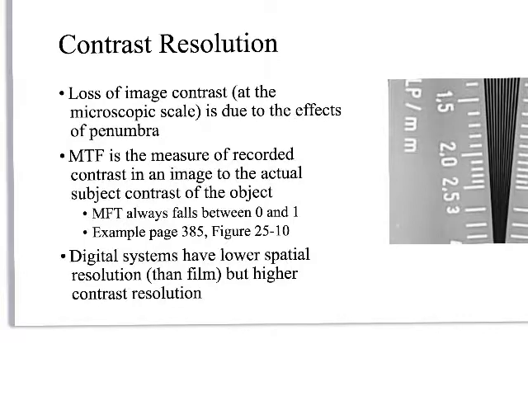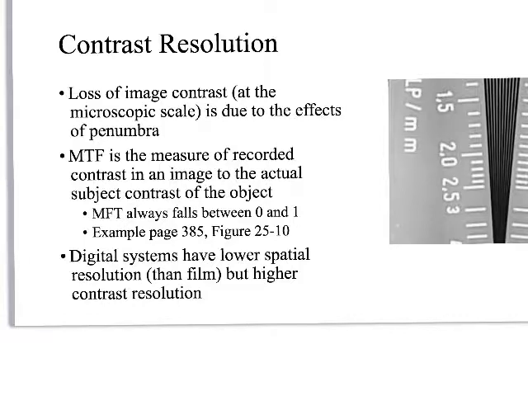On the other side, the x-axis of the chart, I've got the spatial frequency, right? So what are the line pairs per millimeter apparent on the image? And what we're seeing is that B, at the end of the day, has 8 line pairs per millimeter that's apparent on an image done on that system. That means it has a higher spatial frequency. It also means it has a higher contrast resolution.